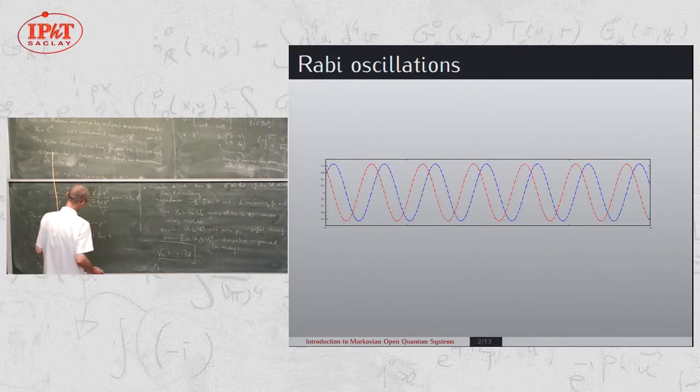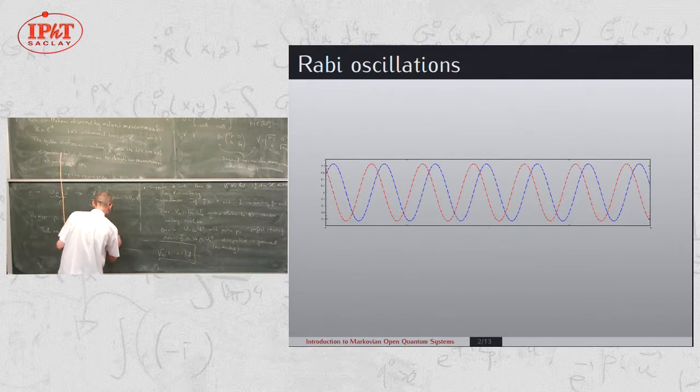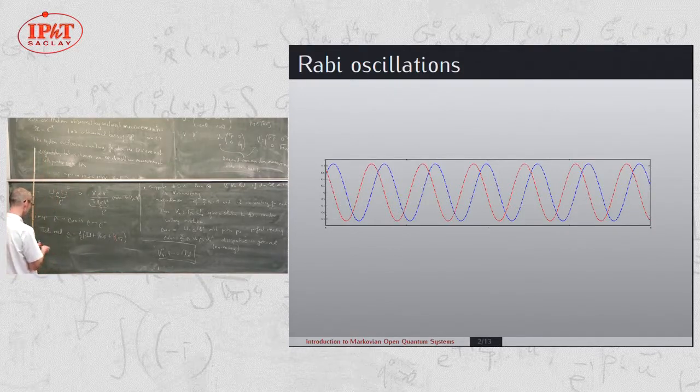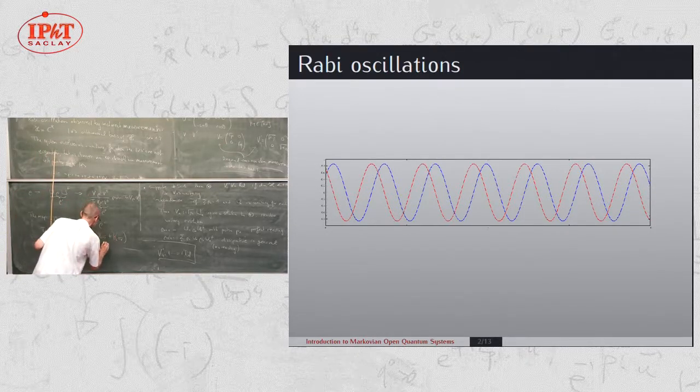This is really a bad notation, but nevertheless it's quite standard somehow. And the eigenstates of sigma z are the pointer states.